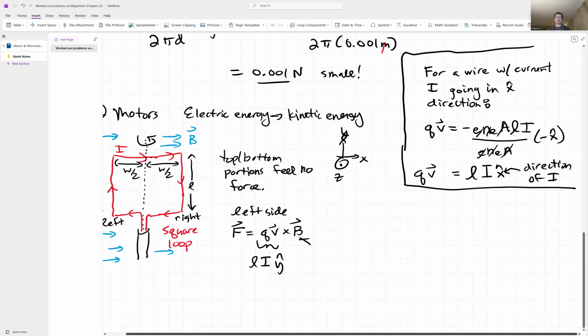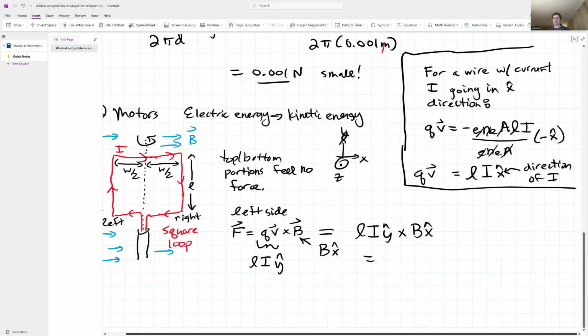What about B? Well, it's whatever the magnitude of the magnetic field is, and it looks like we've defined it in the x hat direction. So plugging in for those things, we get L I y hat crossed into B times x hat.